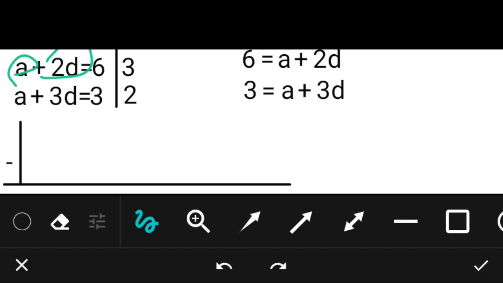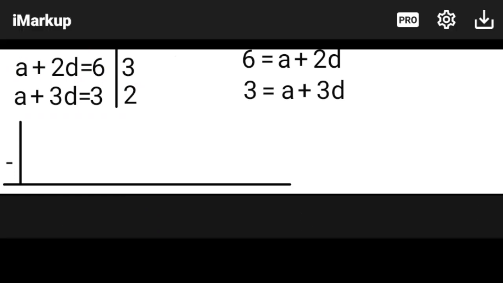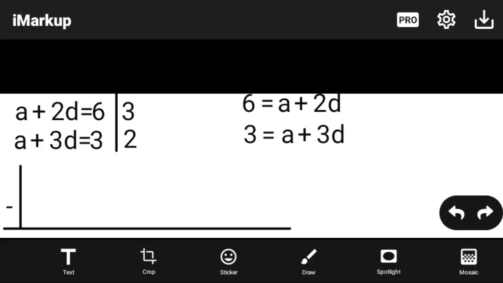So the 3 there will multiply throughout this equation on top, then the 2 there again will multiply this equation throughout down there. So when you multiply 3 times a, that will give you 3a, then plus 3 times 2d, that is 6d, then equals 3 times 6, that is 18.